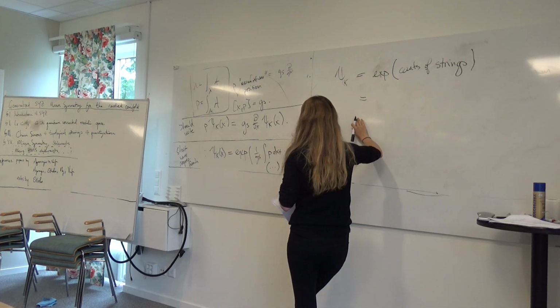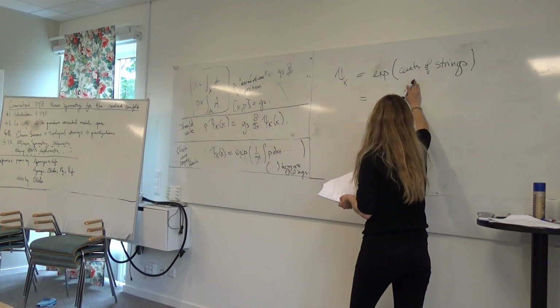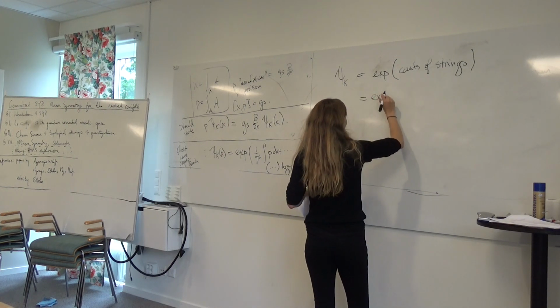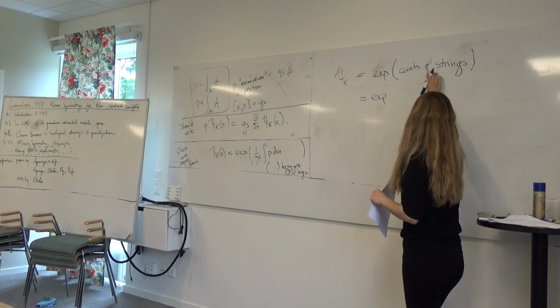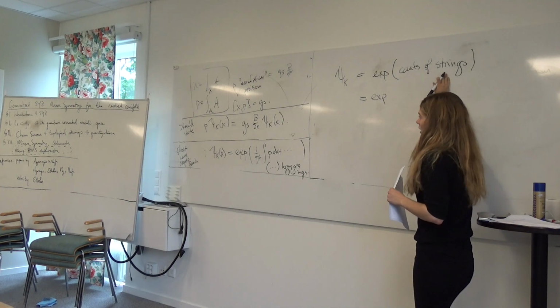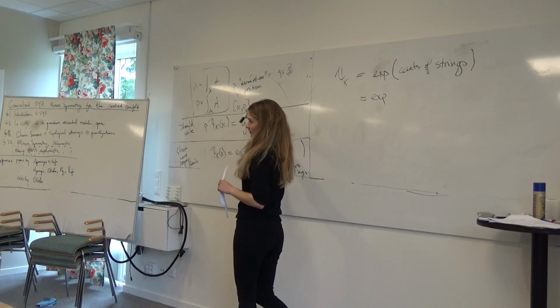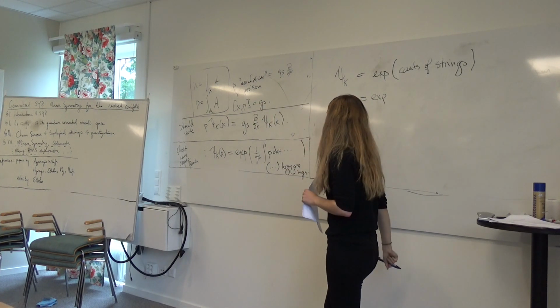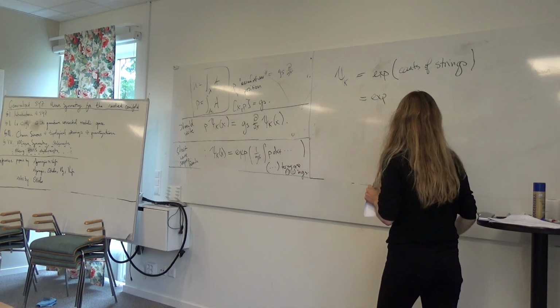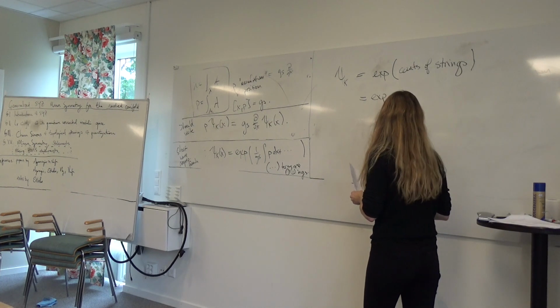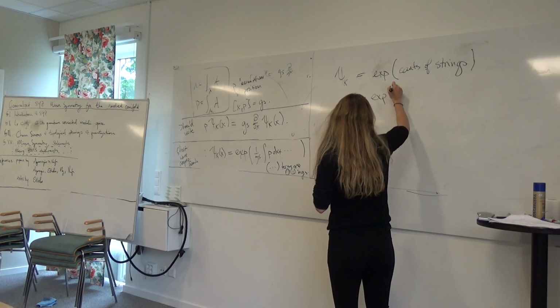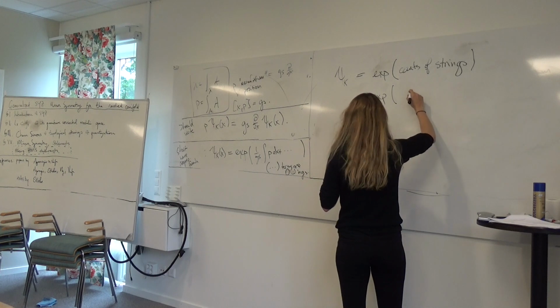I didn't write out this formula exactly, but maybe you can believe me that you're going to start weighting these counts of strings by the genus, and that's going to give you a higher power of g_s, which is positive if your genus is greater than 0.